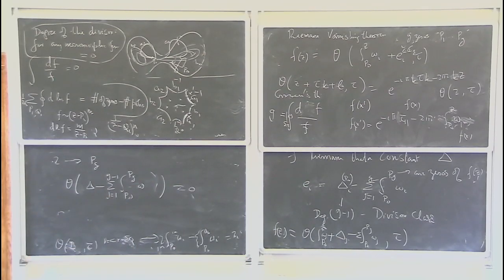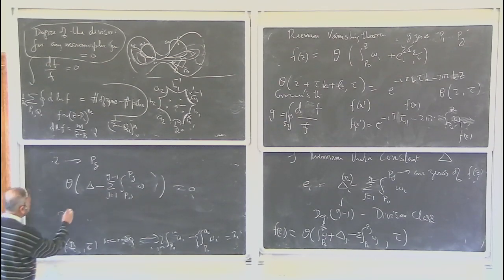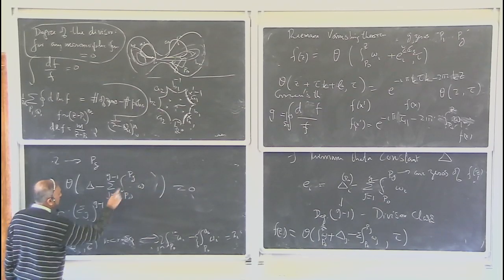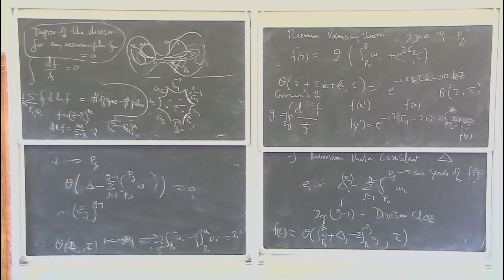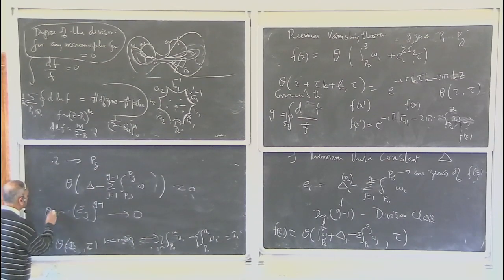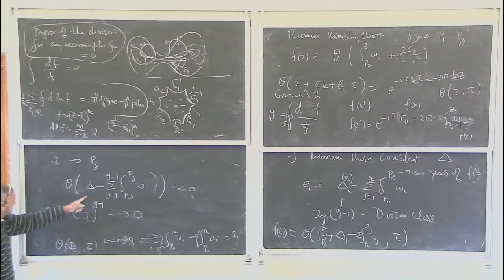So this identical vanishing holds for all g minus 1 points, Sigma to the g minus 1. Theta with the shift by delta maps to 0.